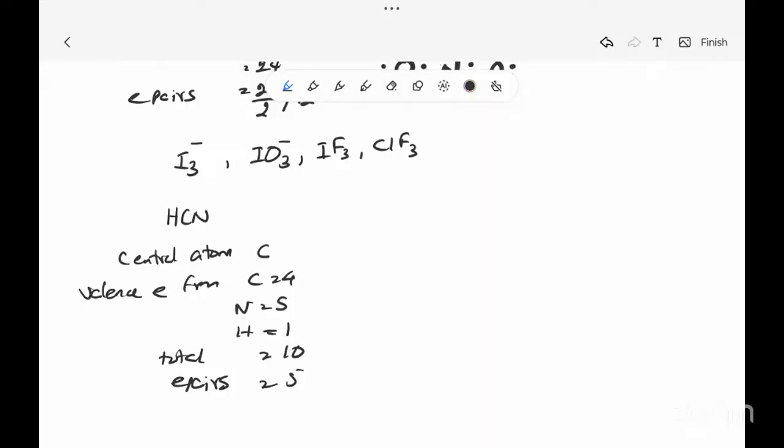Then let's place carbon as central, hydrogen and nitrogen, one bond pair. I need to make this a bit bigger. Like this. 1, 2, 3, 4 and 5.